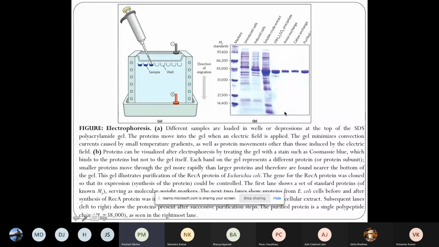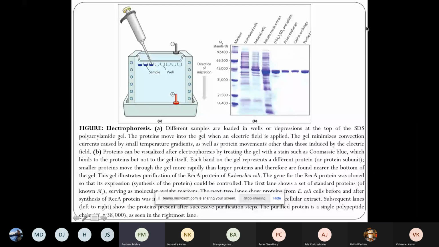And after you run the gel, what you do is that you stain them, de-stain them, and this is the complete procedure by which the dye will bind specifically to the protein, and then you can visualize them. It's a very simple technique, and that is why it is very popular.